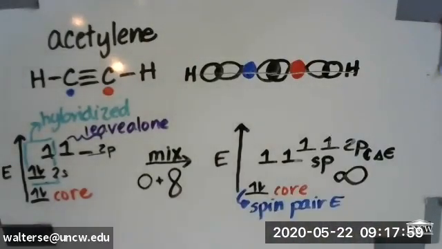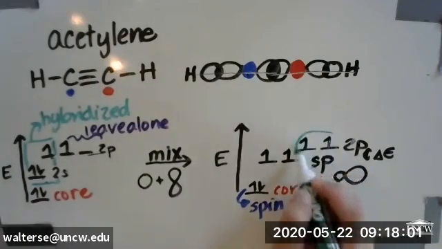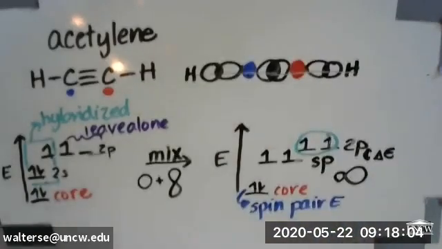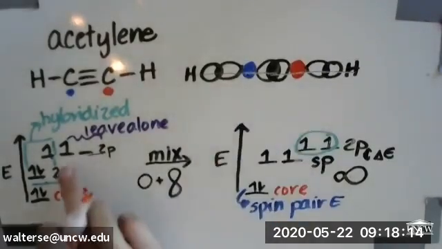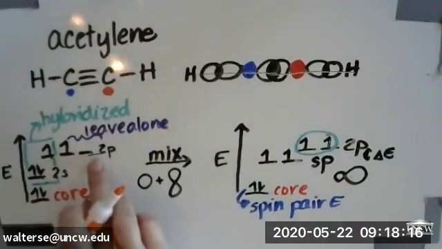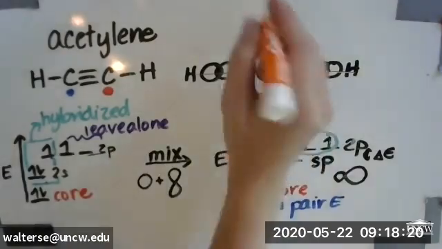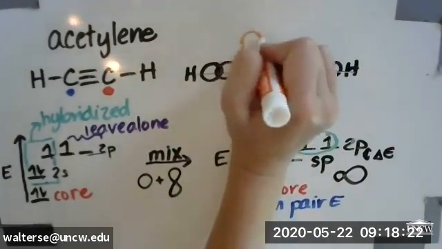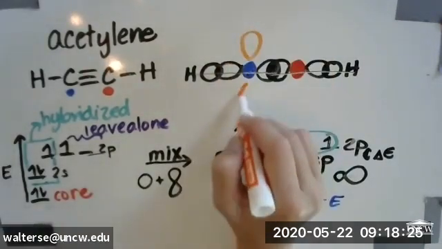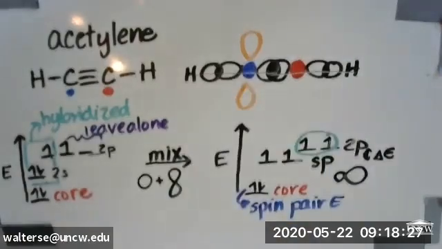Now what we have to do is say, well, what happens to these? Okay. I'm going to try to use orange, although I don't know how well it's going to show up on this screen. So remember, p atomic orbitals are perpendicular to one another. So on the green atom, you have a p lobe up and a p lobe down.